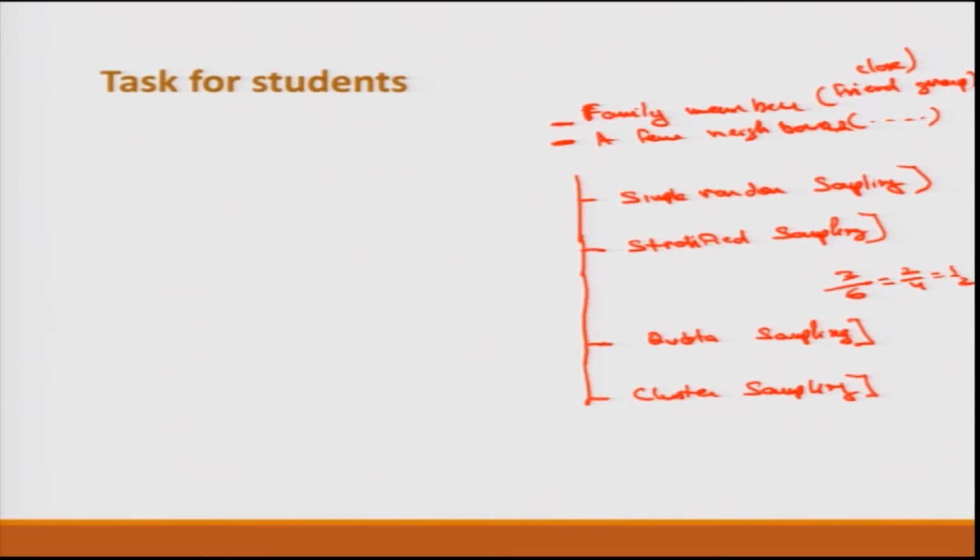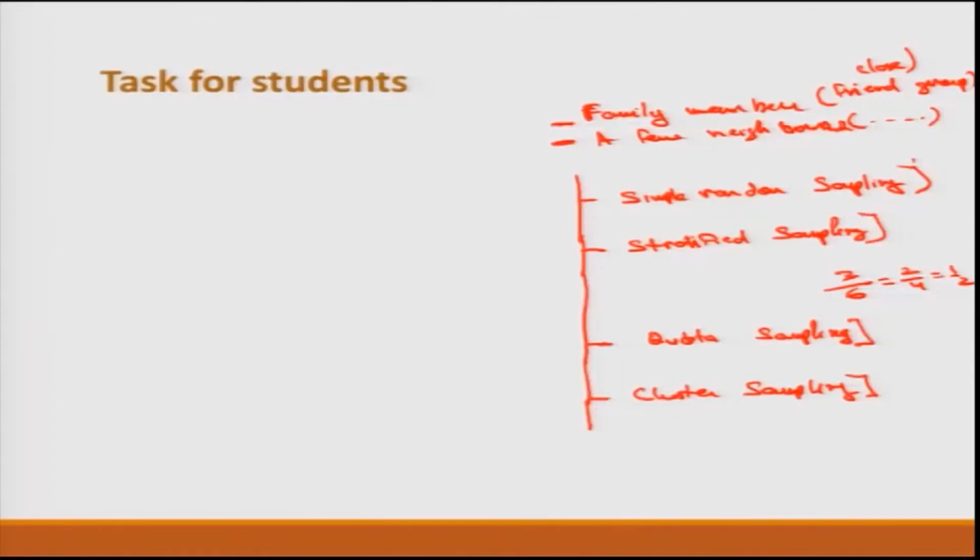Select your whole family group as one cluster, or one of the neighbors' families as one cluster. Try to do this and see the difference. This exercise would help you learn how to select the sampling technique, just a kind of broad practical experience.